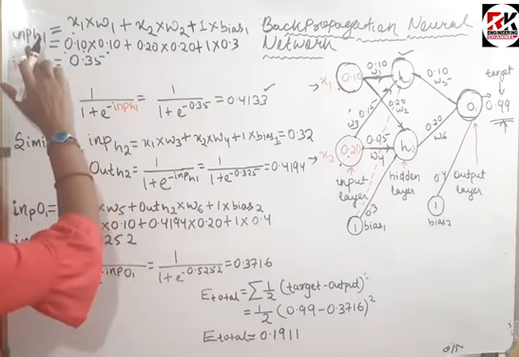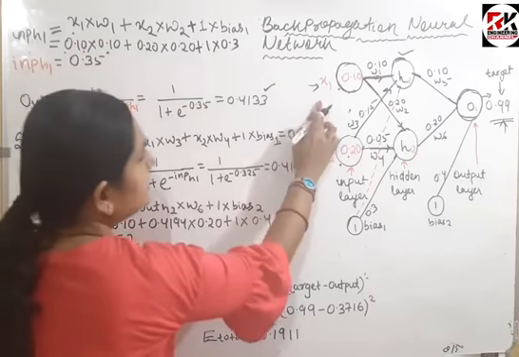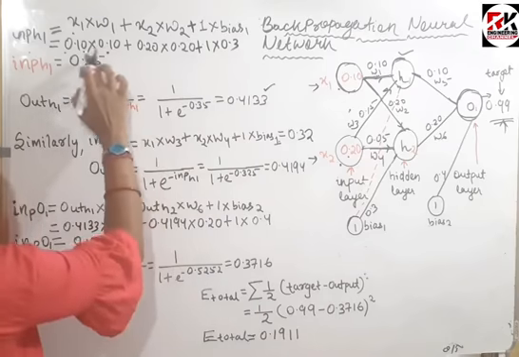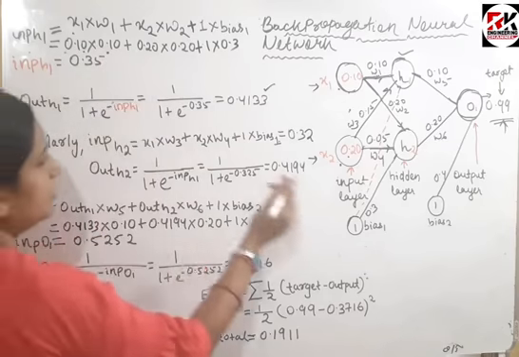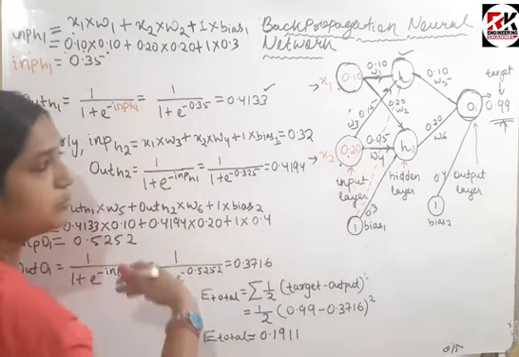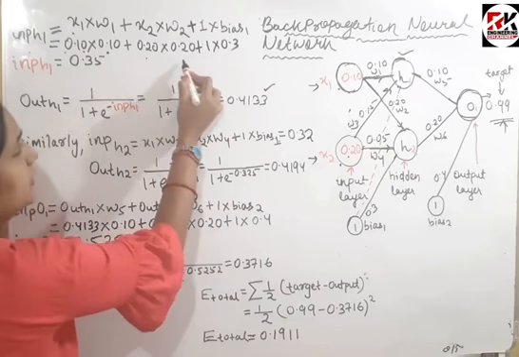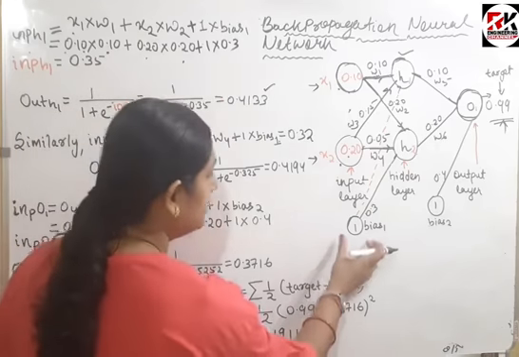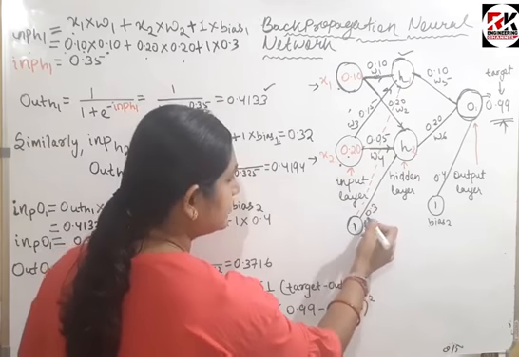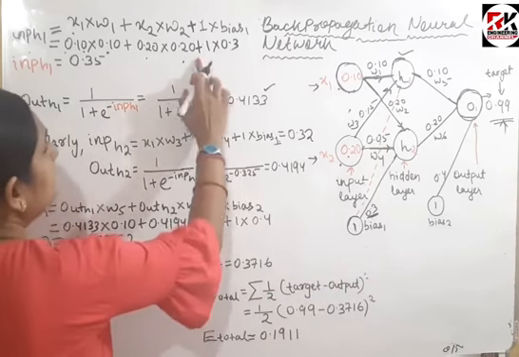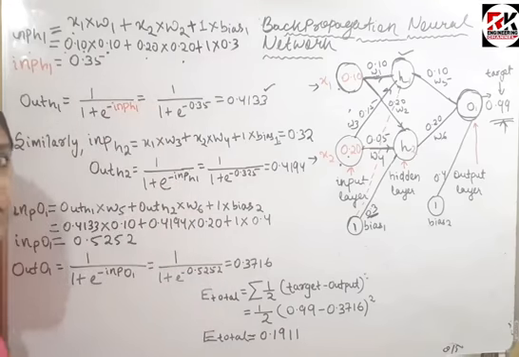So input H1 is equal to 0.10 into its corresponding weight value, that is 0.10 into 0.10, plus 0.20 into its corresponding weight value, that is 0.20 into 0.20, and finally the bias is 1 into its weight value 0.3, so 1 into 0.3. After the calculation you get 0.35 as your answer.